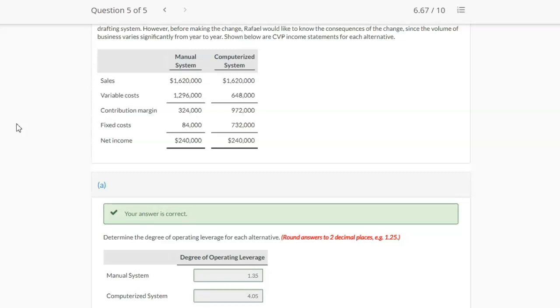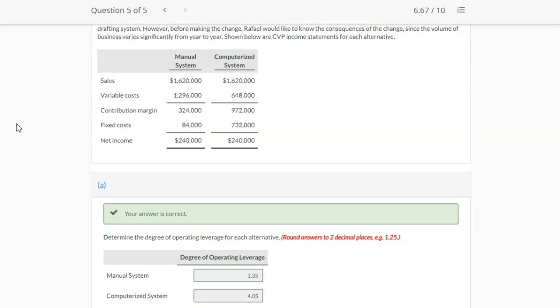Okay, wait a minute now. Take the sales and subtract the break even sales, and what do you get? Divided by the sales. 1,620,000 minus 420,000. Divide that by sales. 1.2 million.